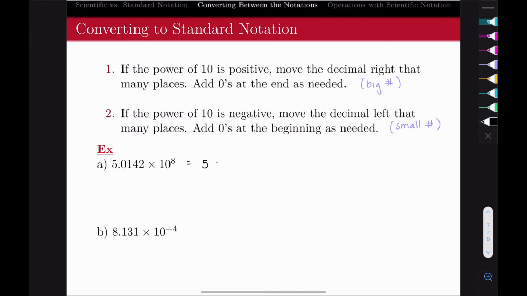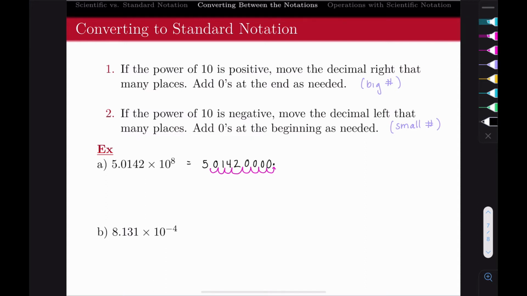So what I'm going to do is I'm going to first start by copying all of our important numbers. And currently our decimal is sitting right here. But I need to move it 8 places, and I want it to be big, so I've got to move the decimal to the right. So there's 4, 5, 6, 7, 8. Our new decimal is going to go right here. Any of these blank spaces we have, we're just going to fill in with a placeholder of 0.